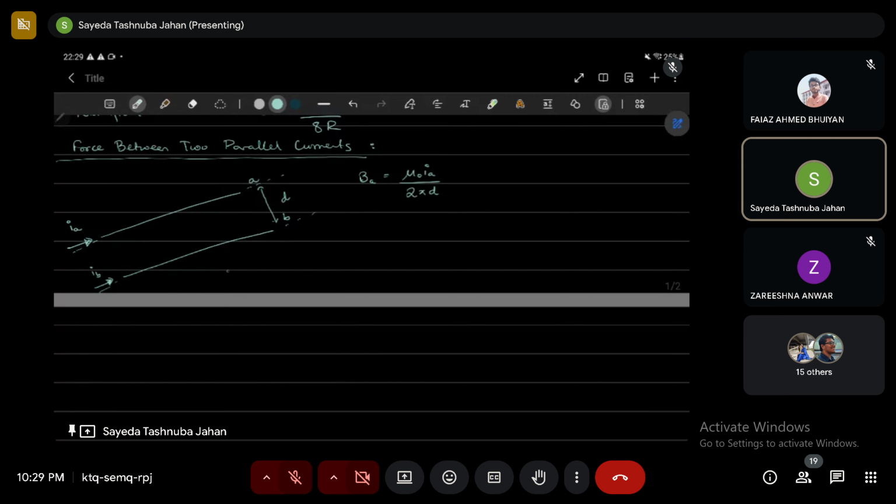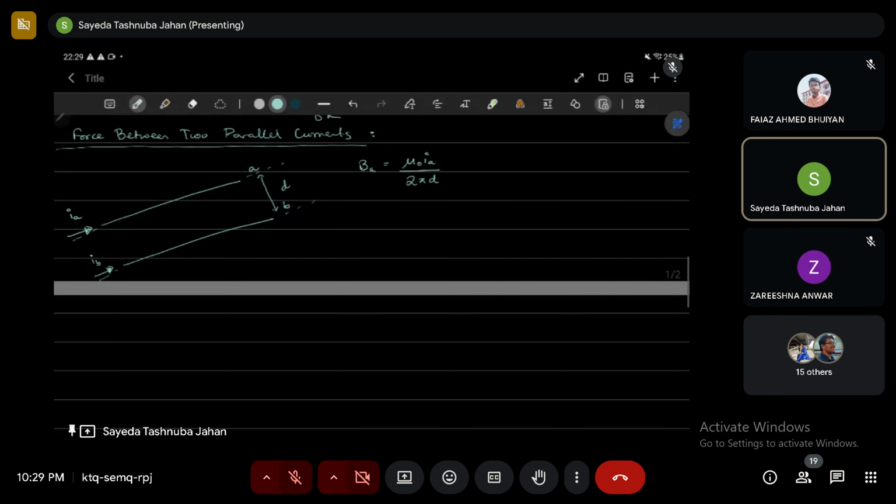So of course এখানে আমার reference point হচ্ছে where wire B exists, which is at a distance D. Okay, so this is the magnetic field.